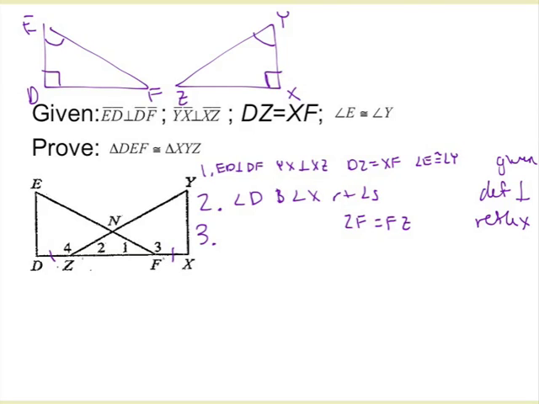So now what we're going to do is use that given piece of information in this reflexive and do some algebra on them. We're going to add them together and say DZ plus ZF equals XF plus FZ.